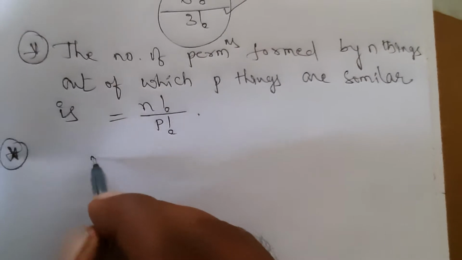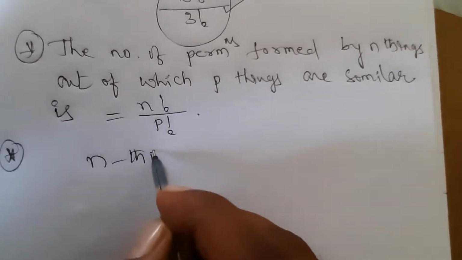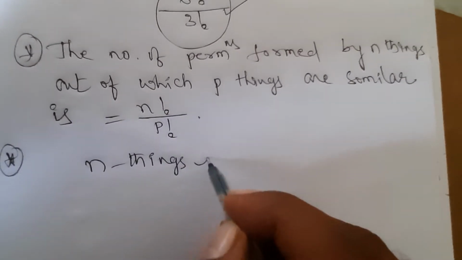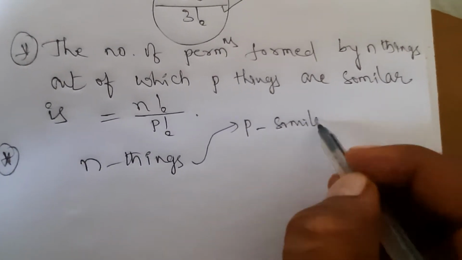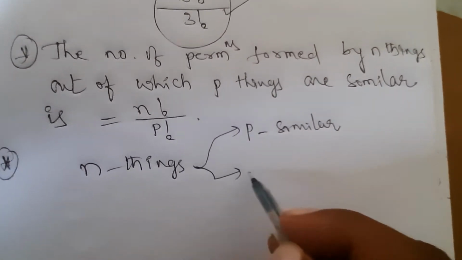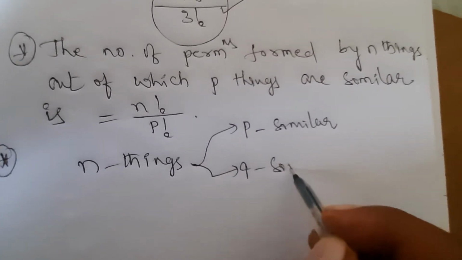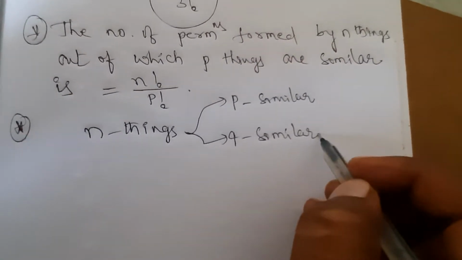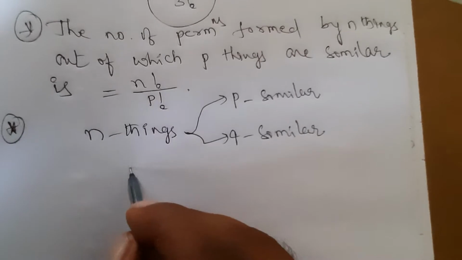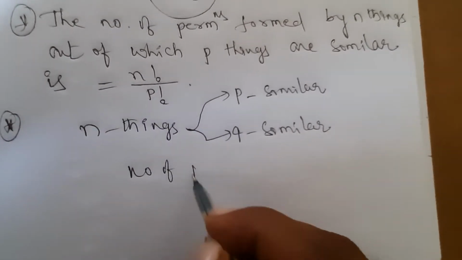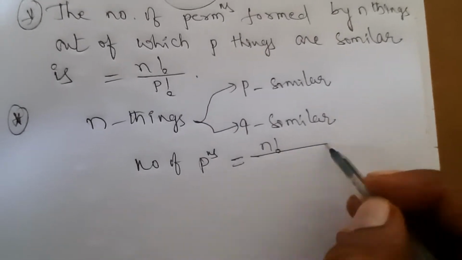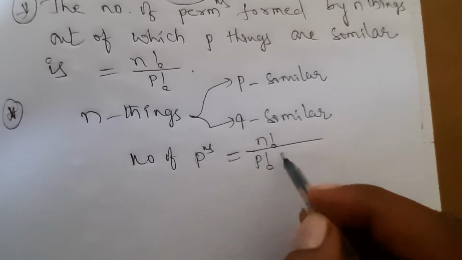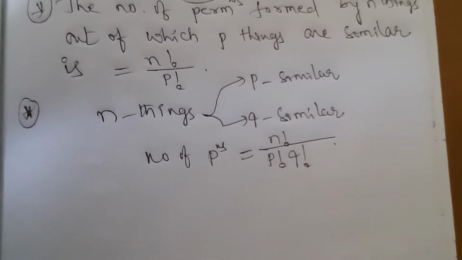Higher means, for example, n things are there. Out of these n things, p things are similar of one kind, q things are similar of a second kind. Then in this case the number of permutations equals n factorial by p factorial q factorial, like this.